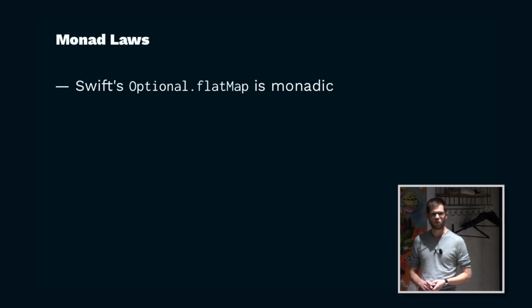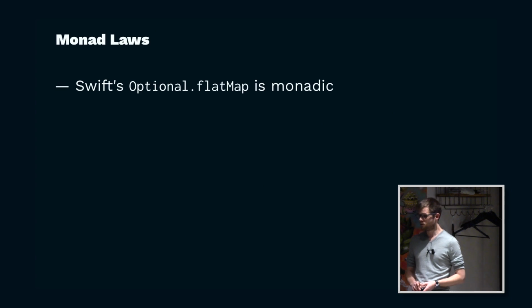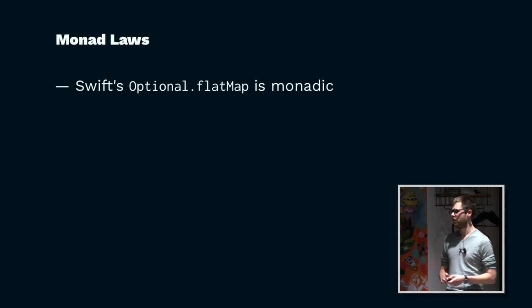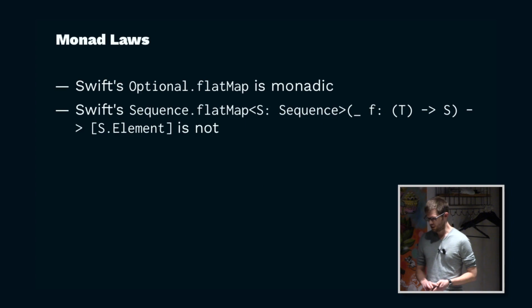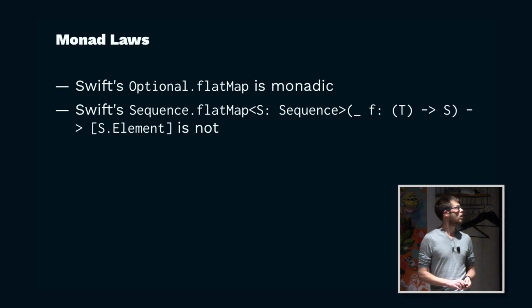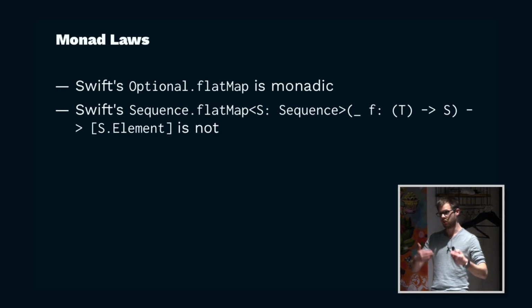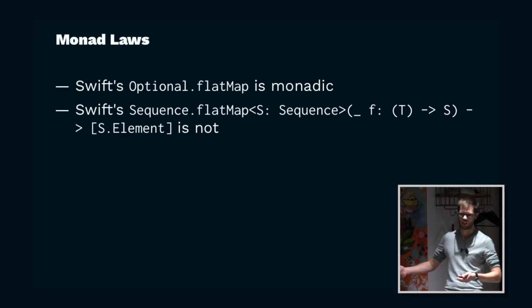All right. Let's talk about Swift's monad laws, or how Swift is not always monadic. Swift's optional flat map is. Swift's sequence is not, and that's because sequence is a protocol. The law states that if you give it an array, it should return an array, but because sequence is a protocol, you can technically flat map something over an array and return a set from it, which violates these laws.